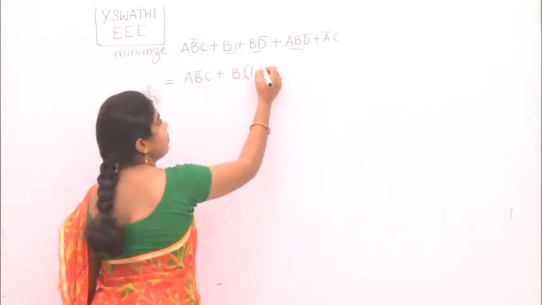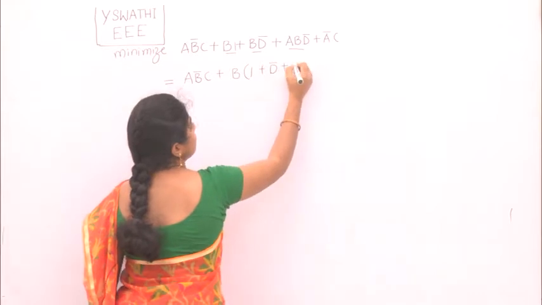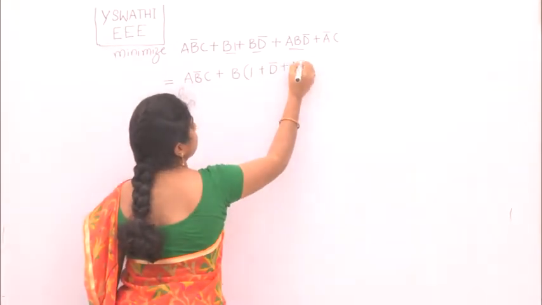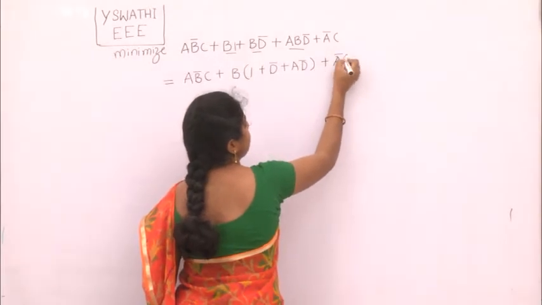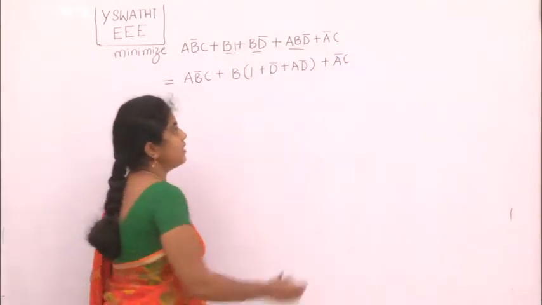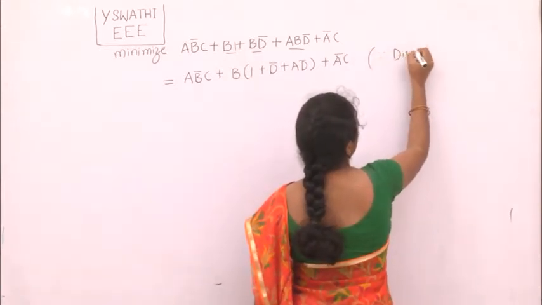So 1 plus D complement plus A D complement, plus A bar C. This is from the distribution law.